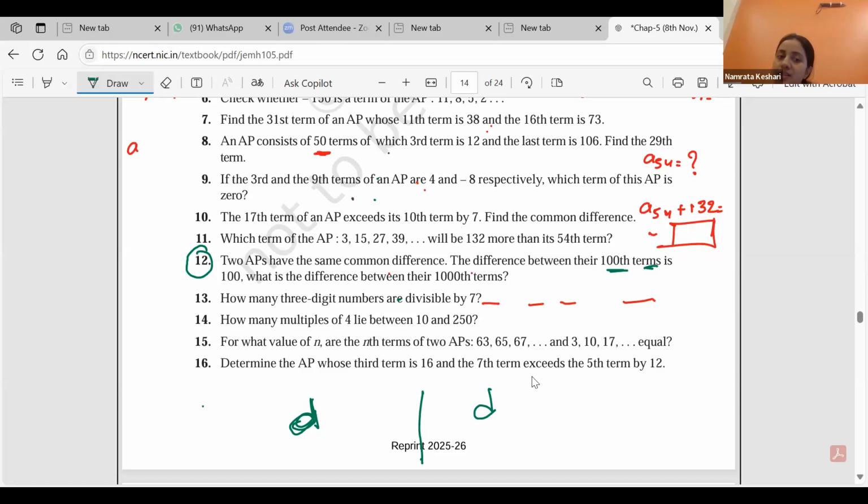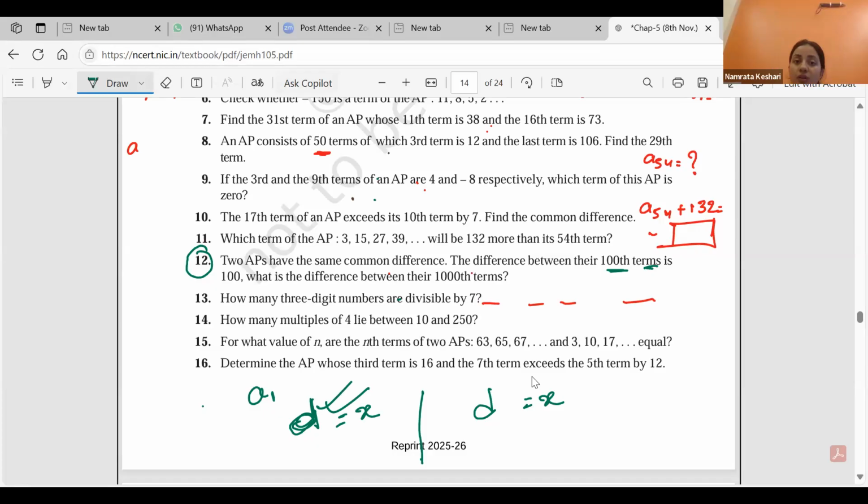We are taking D over here and the same D over there because the common difference is the same. You can say the common difference here is X and there also it is X, if you want. But the first term is different. Who got the answer as well? Okay, Ryan, you got the answer as well.